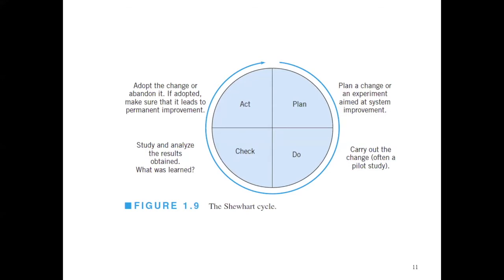In the check phase, we study and analyze the results. Do they comply with what we thought the results would be? What do we learn from this experiment? And in the act phase, we adopt the changes that have benefited the process, and we abandon those that have not. And this cycle is a continuous cycle. So it is a cycle that continuously improves our process.